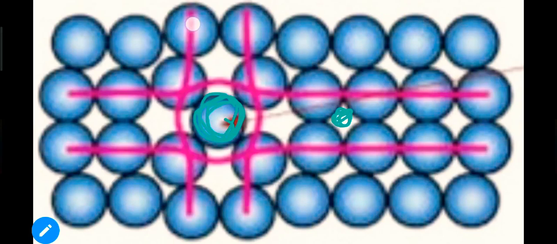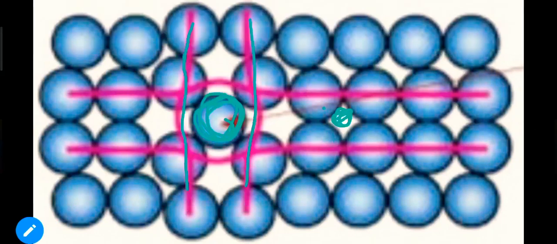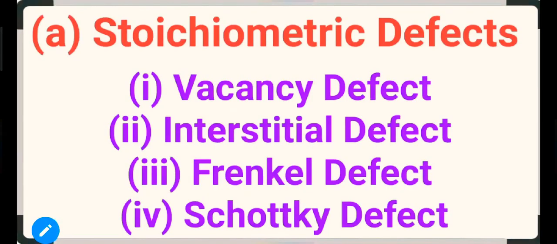As you can see, now it affects these lines. So in a perfect crystal, you will see this type of mutation due to particles present in interstitial sites. So this is the example of interstitial defect, and these two defects are seen in non-ionic substances.